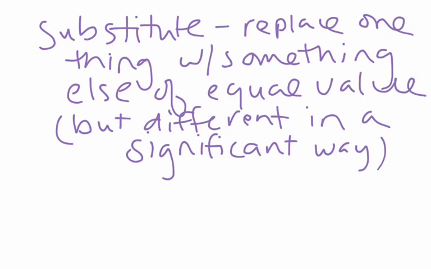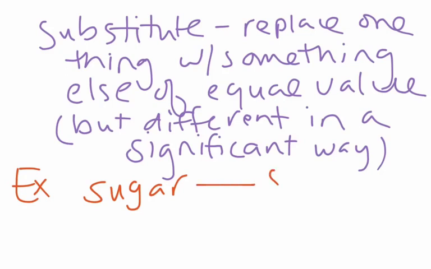So I'm going to give you a couple of examples of substitutions totally outside of math class. If you have somebody in your family that's diabetic, you will often make cooking substitutions. In a pie recipe, my dad is diabetic and my mom makes a pumpkin pie. One of the substitutions she can make is to take out the sugar and replace it with Splenda or stevia or some other sugar substitute.